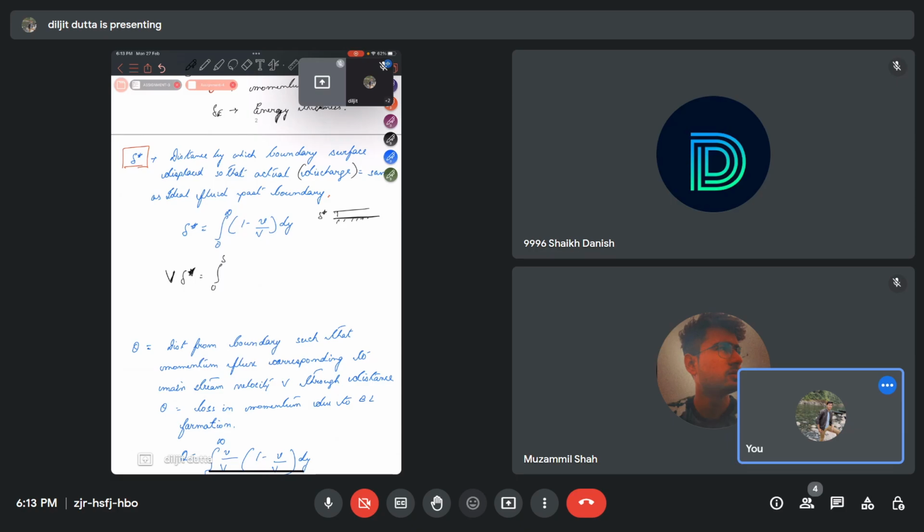a discharge through delta star should be equal to the actual discharge. So the velocity will be given as free stream velocity minus small v. Sorry, not in this region, that is just outside.